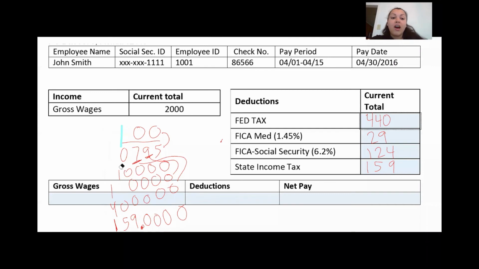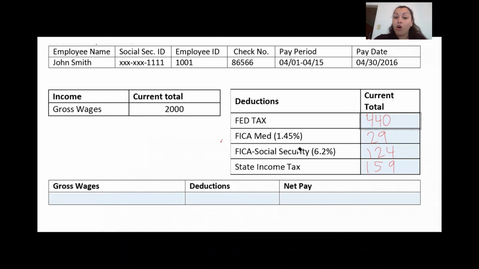So to figure out how much we're going to get after all these deductions come out, again, all of these taxes are called deductions. So we have our gross wages, which is $2,000. We have our total deductions. Our total deductions mean we have to add all of these things up. So we have 0 plus 9 plus 4 plus 9. 9 plus 9 is 18. 18 plus 4 is 22.